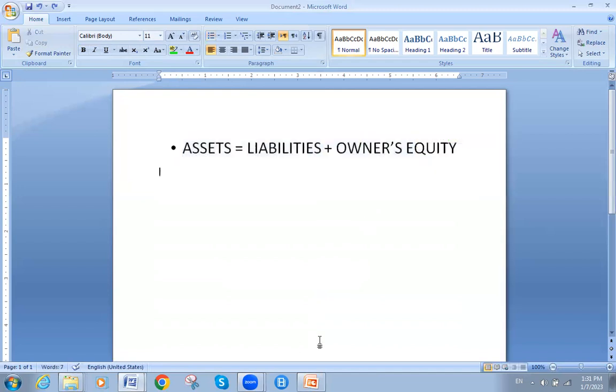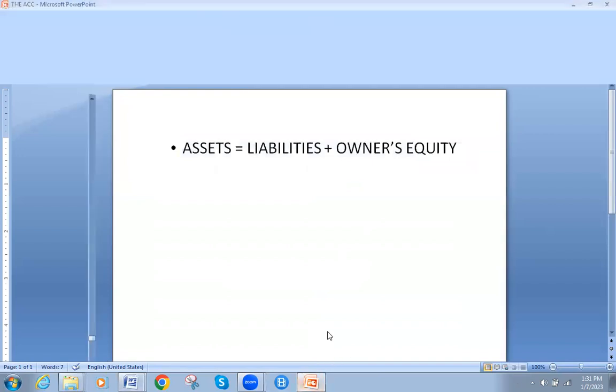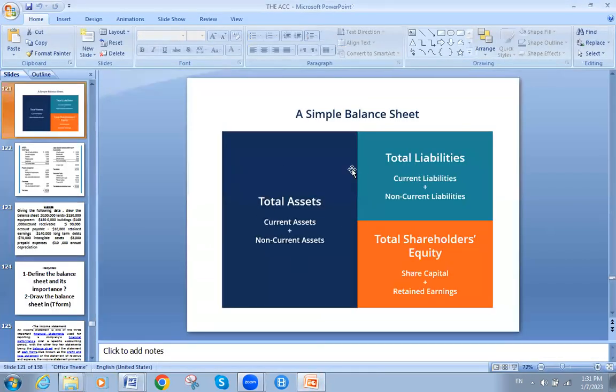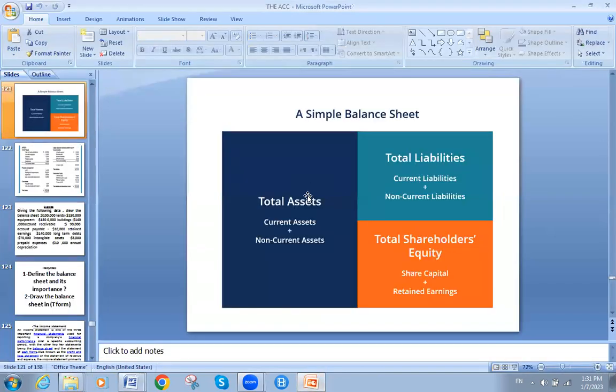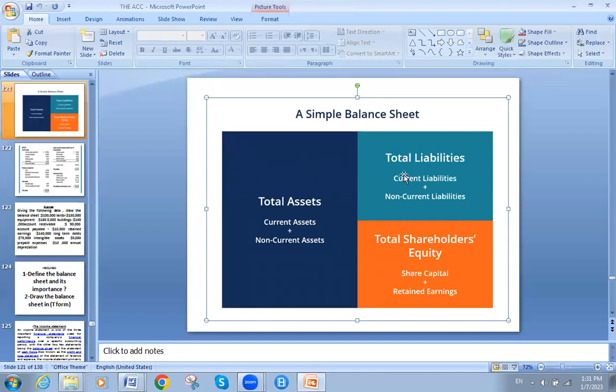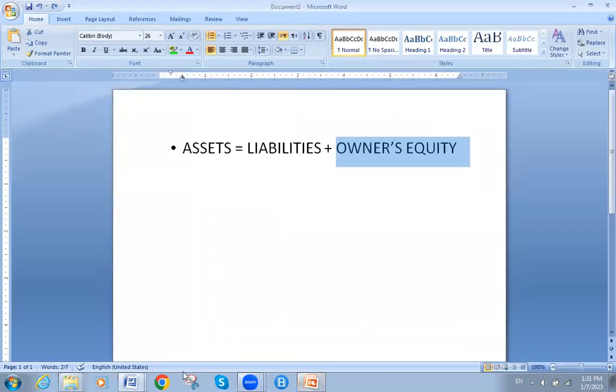Let me remind you: the assets will equal liabilities plus the owner's equity. As you can see in this slide shown up here, assets equal liabilities plus owner's equity. That was handled in the previous lectures.